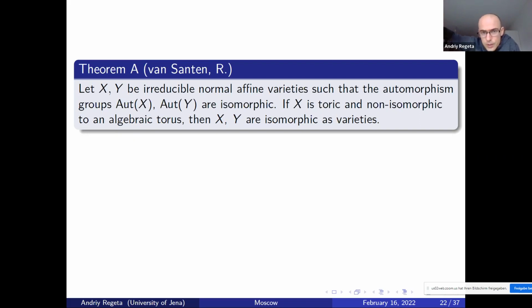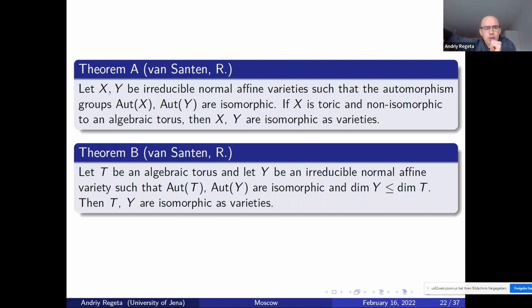So this really says that a toric variety is determined by its automorphism group in the category of normal affine irreducible varieties, if this toric variety is different from an algebraic torus. But in case it is an algebraic torus, it is also determined by its automorphism group, just in the category of affine varieties of dimension less than or equal to the dimension of the torus.